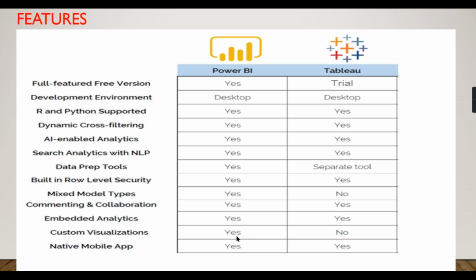Then custom visualization: yes, in the case of Power BI you can download from other vendors, or mostly it is from Power BI, and there are some people who download external visuals as well. Mobile apps: in both cases it is yes. So this is the high level comparison of the features both tools support.